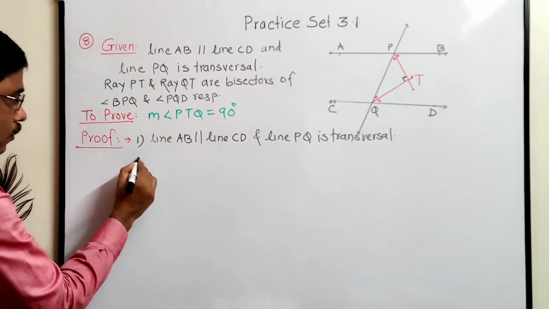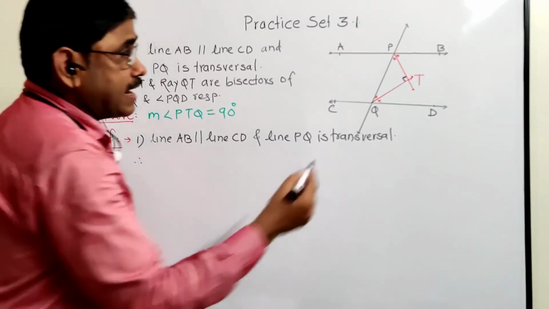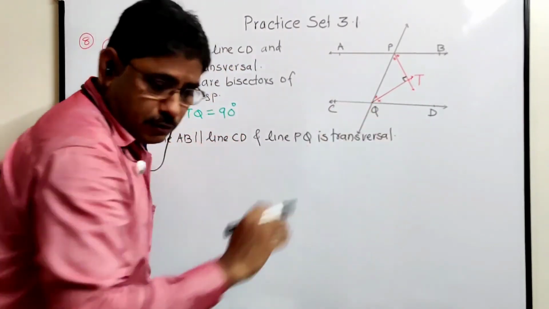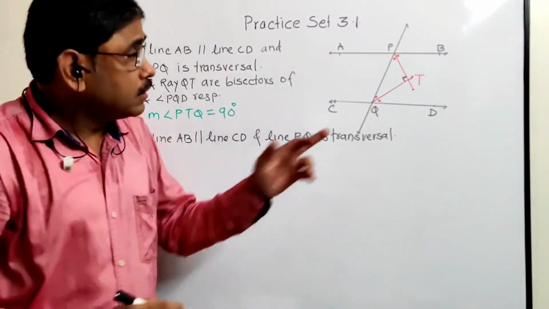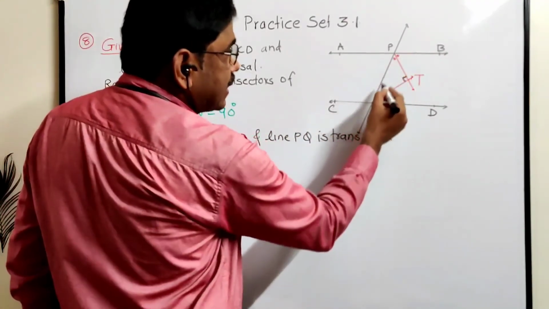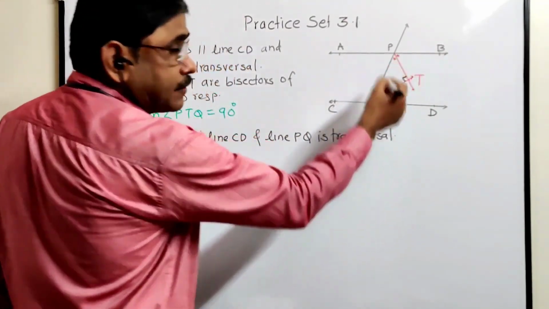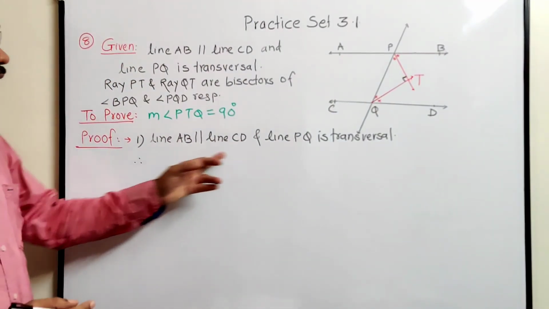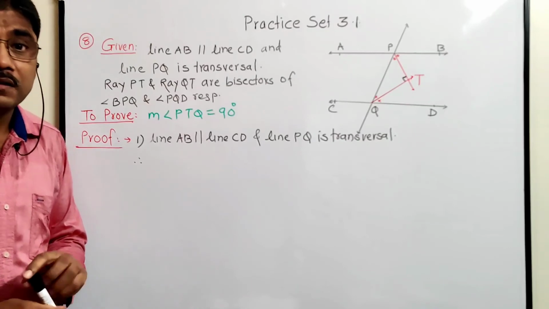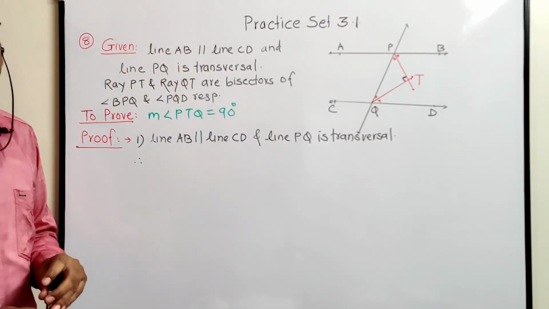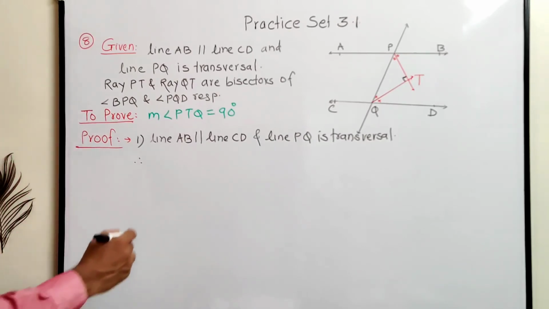Therefore, this pair, angle BPQ and PQD. BPQ and PQD is which pair? This one, ये या ये. Which pair? These are interior angles. And you know, when two lines are parallel, their pairs of interior angles are supplementary. That is called the interior angle test.